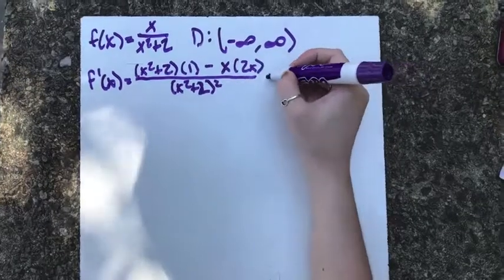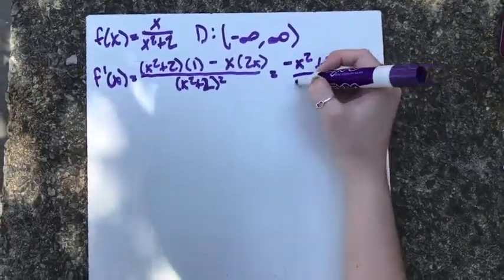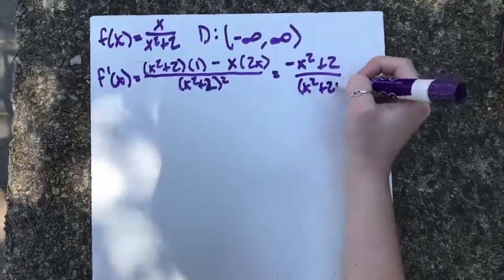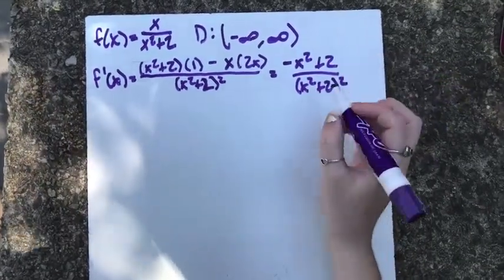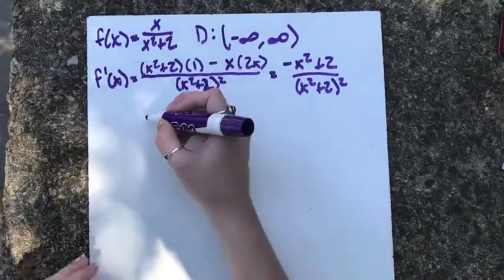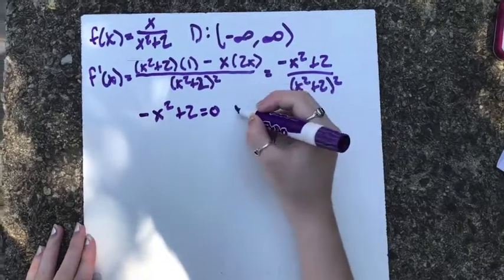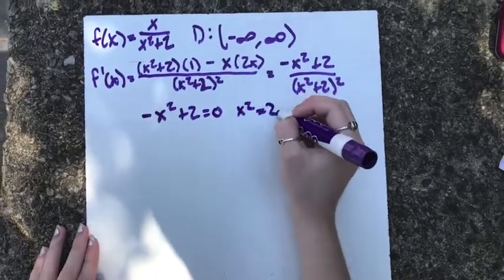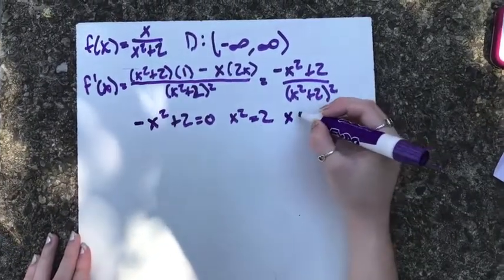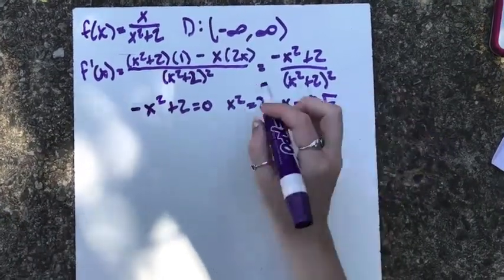And this, when simplified, will equal negative x squared plus 2 all over x squared plus 2 squared. And then we need to set the top equal to 0 in order to find our critical numbers. So negative x squared plus 2 equals 0. So x squared equals 2. And so our critical numbers are x equals plus or minus the square root of 2.